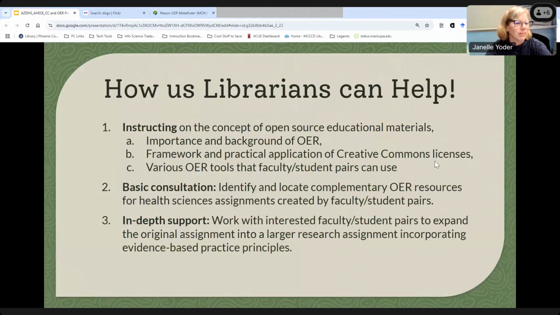Okay. So how we can help in this. This is meant to be one of those ways that we are instructing you on the concepts of open source educational materials. So giving importance and background of OER and frameworks, etc., is what we're doing today.